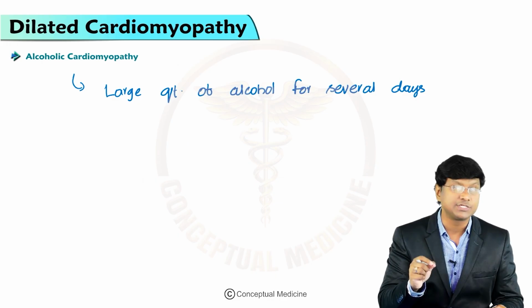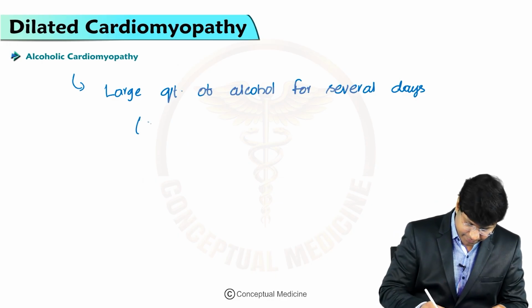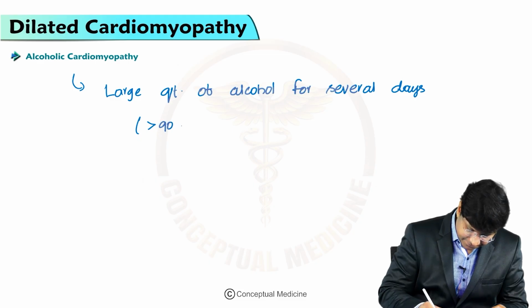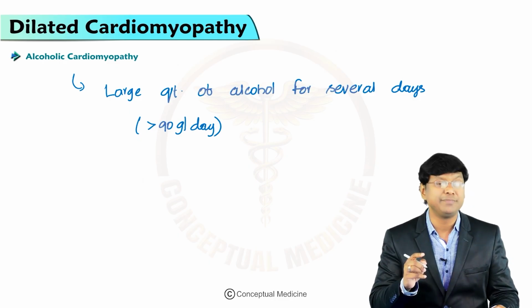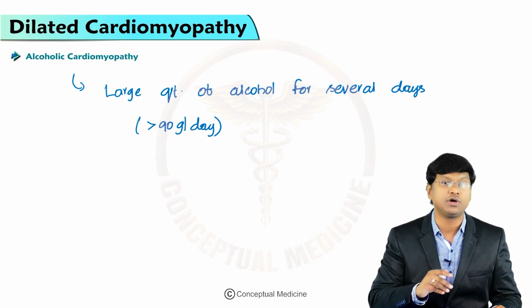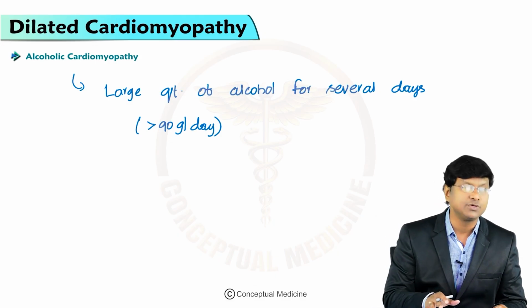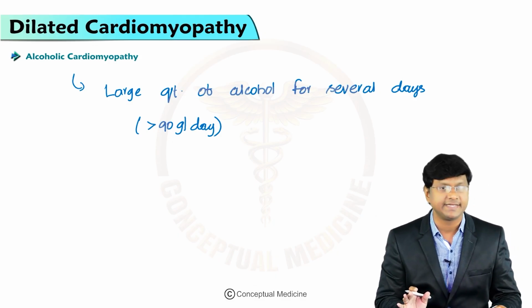And what should be that large quantity? That should be more than 90 grams per day of alcohol, if it is taken over several years. That is the group of individuals who develop this dilated cardiomyopathy.